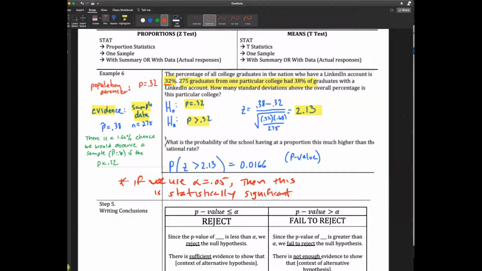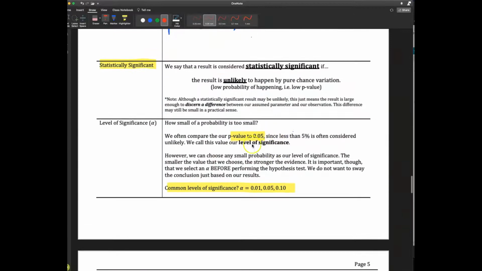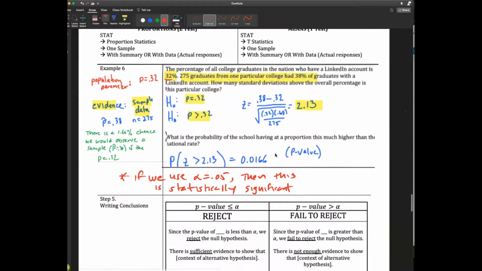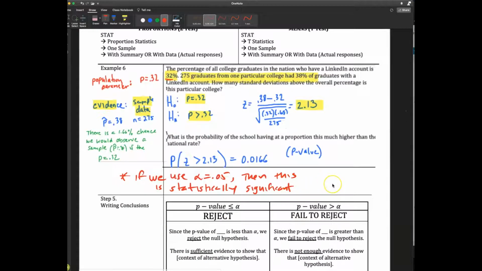We know that's the case if we use alpha. And that's again because the p-value is low, and then we went back to how low? Well, we end up defining that by using the alpha. And so then that comes again back to here. We normally use a level of significance of 0.05 or 5%. And that's, again, the basis of how we run a hypothesis test and make conclusions.